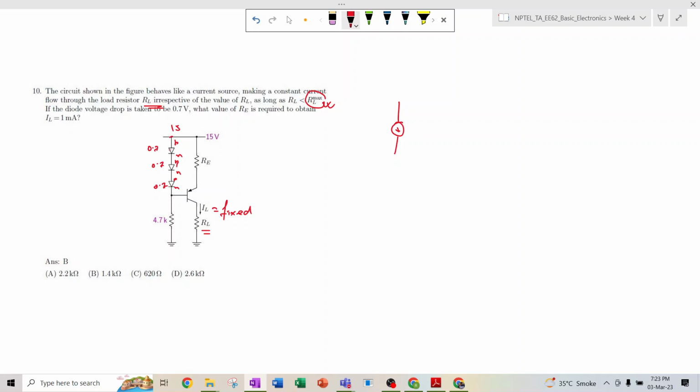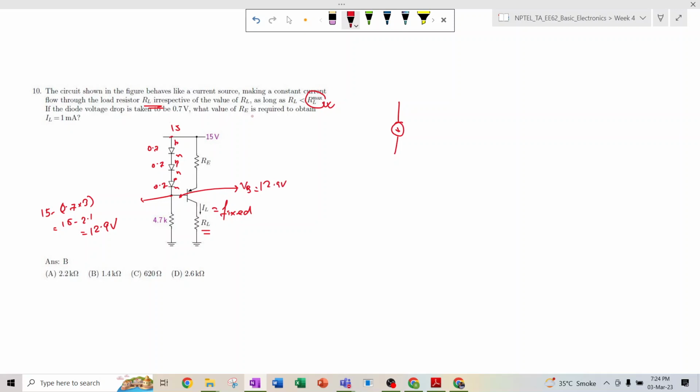With 0.7 volt drop across each of 3 diodes, the potential at this point will be 15 minus 2.1, which is 12.9 volt. So 12.9 volt is nothing but the voltage at the base, VB is 12.9 volt.